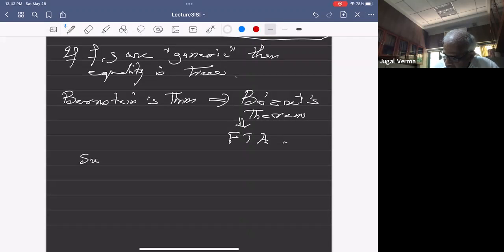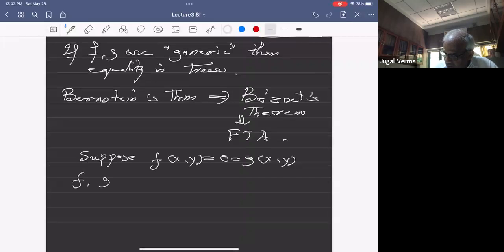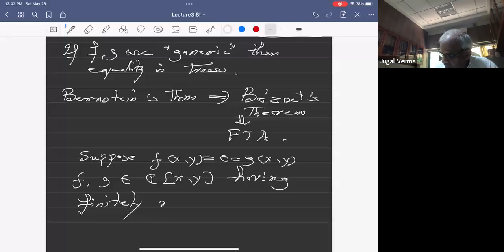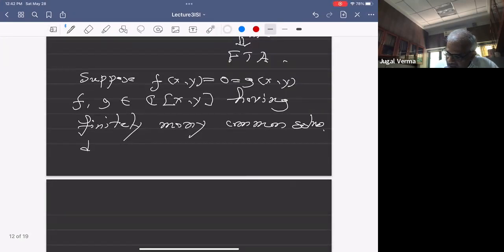Suppose F and G are two polynomials having finitely many common solutions, and suppose the degree of F is D and the degree of G is E.